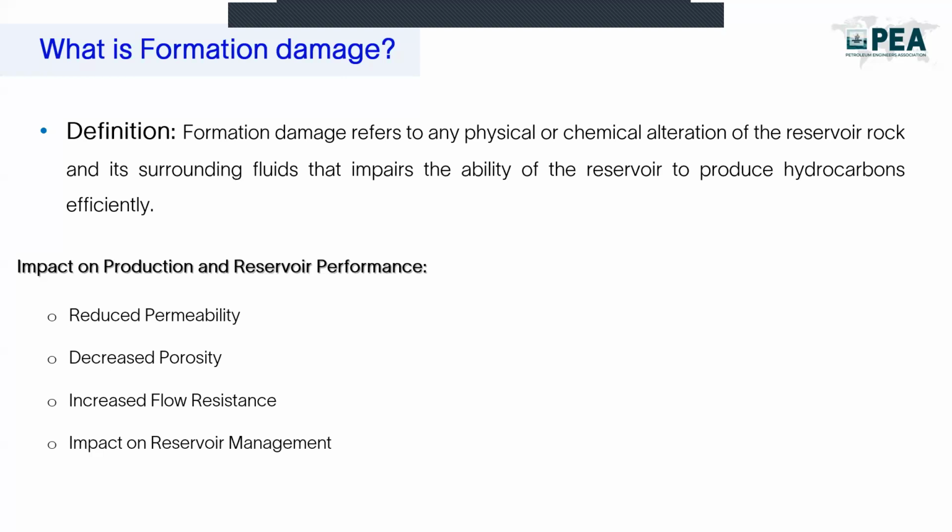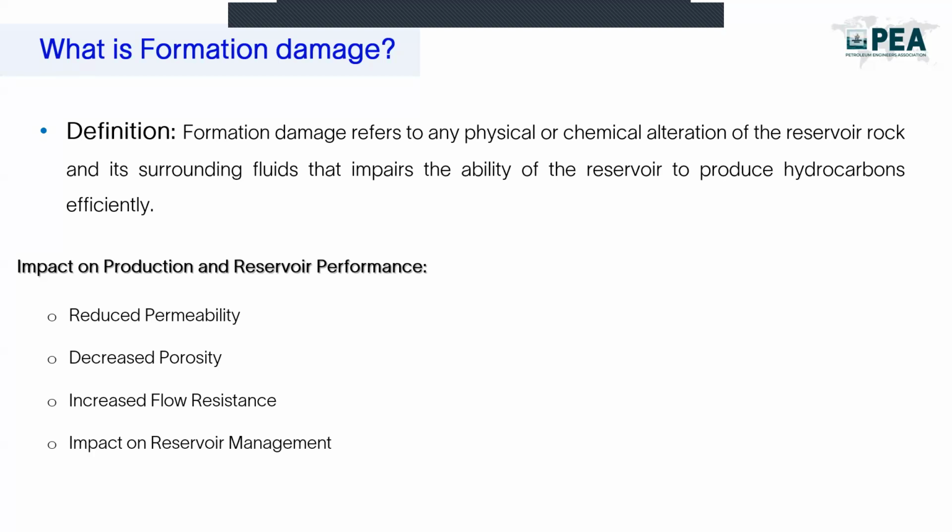Reduced porosity means there is less space available for oil and gas storage, and this reduction can be caused by several means, as we will see in the upcoming slides. But for example, the drilling fluids, or the dissolution of soluble minerals, all of which may reduce the porosity.